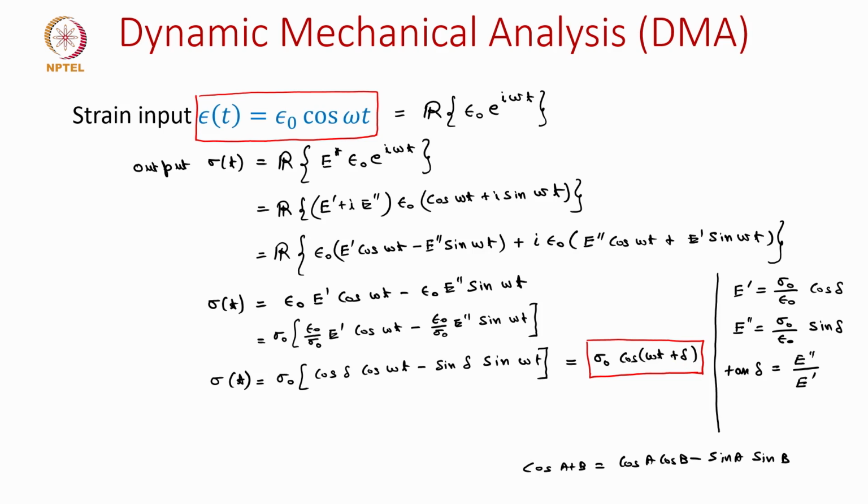And more importantly, on this slide we have defined the storage modulus in terms of delta, sigma naught and epsilon naught. Similarly, the loss modulus is given by sine delta, and tan delta is simply the ratio of the loss modulus to storage modulus.